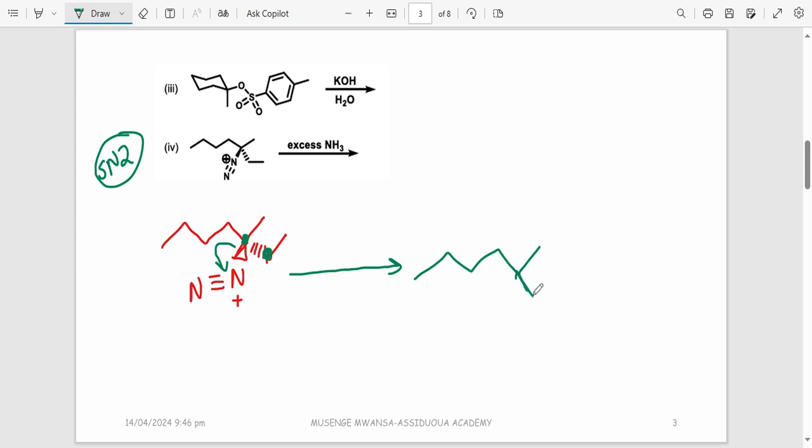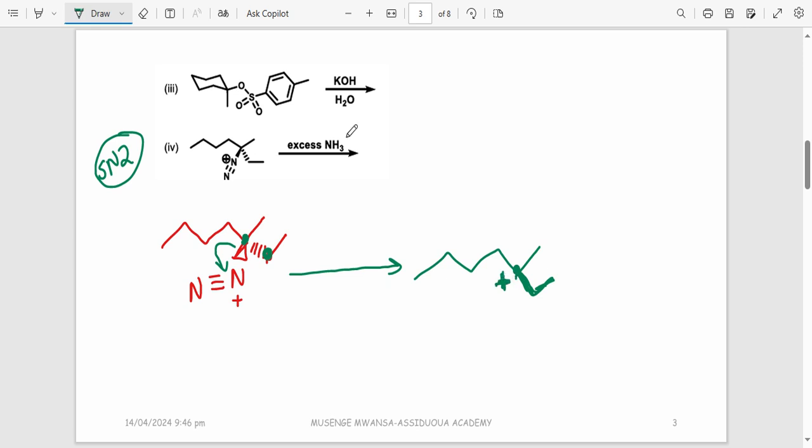At this point, look at what we remain with. There's going to be a positive charge here. Why? Because this guy has left. It's not even necessary to show configuration when one group has left because you only have three things attaching to this carbon.